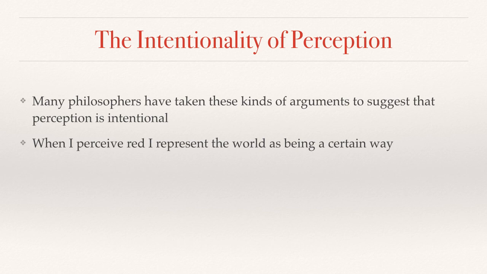Now, if these kinds of dream cases and so forth are correct, then what's really going on is when you are perceiving red, you are in a mental state which represents the world as being a certain way, so that you are not in direct contact with the object in a way that doesn't involve a representation, but there always is some purely mental thing that goes beyond the properties which you are perceiving in the act of perception.